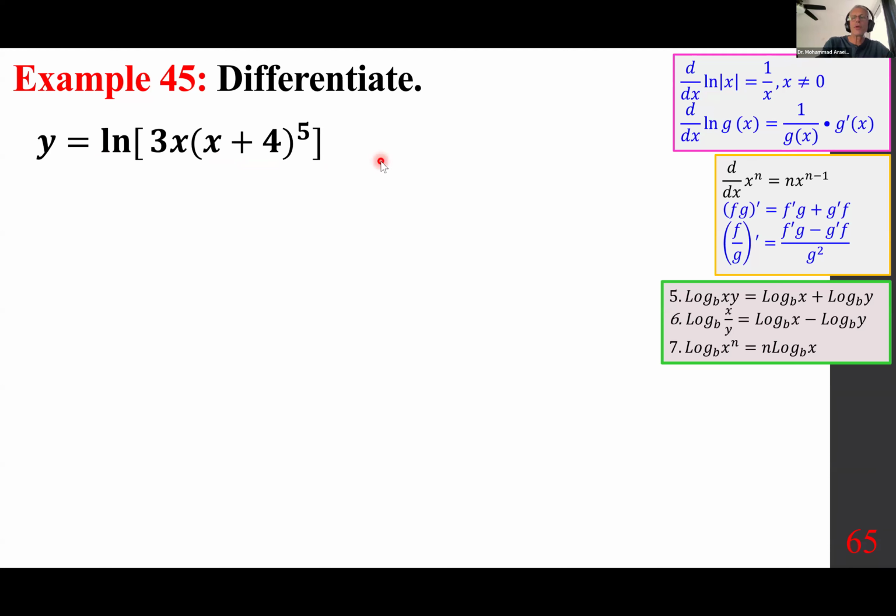So the very first rule that we have here, I call it number 5, is the product rule. So ln of 3x plus ln of (x plus 4) to the power of 5. So I'm going to do this in 2 steps. The first step is ln of 3x plus ln of (x plus 4) to the power of 5.